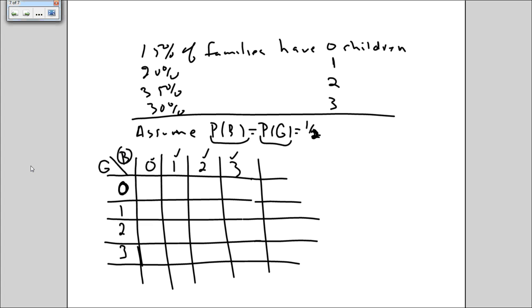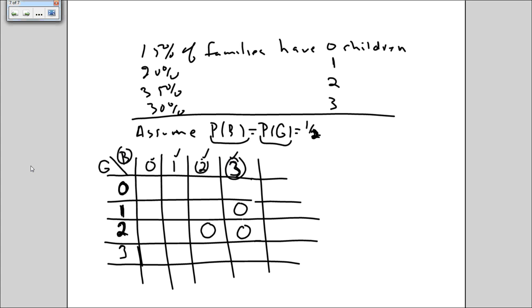And 0 boys and 3 girls are okay, because that's a total of 3. But if you have 1 girl, you can't have 3 boys, because that would mean you have 4 children. If you have 2 girls, you can have 2 boys, which is right above, and also you can't have 3 boys. Those chances are 0.